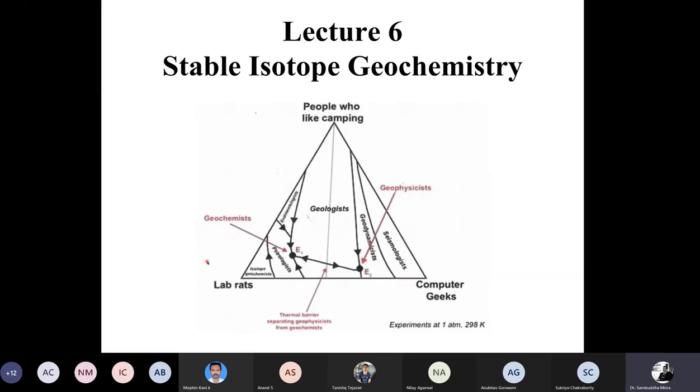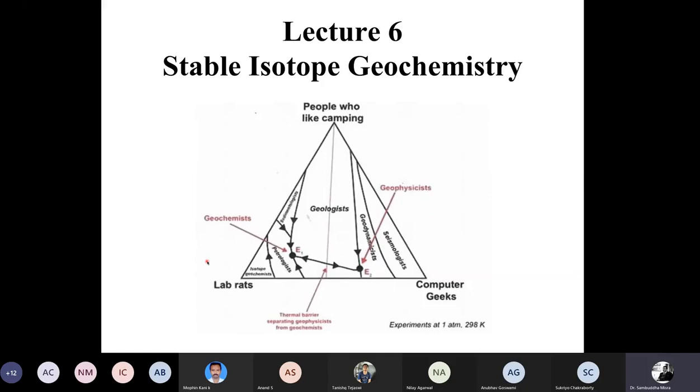So if a particular element has a hundreds of million years to a billion-year half-life, you can apply the principles of stable isotope geochemistry to that particular isotopic system for processes which are happening over 1,000 years to 100 years time scale, because over that time period, the radioactive element is not going to decay by a significant amount.